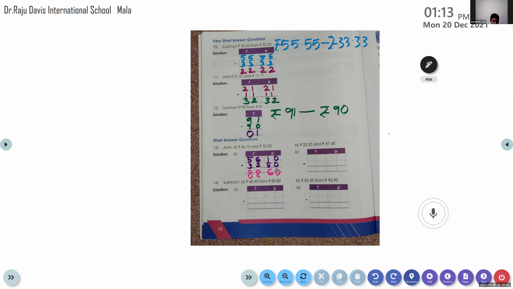Add 56 rupees and 10 paise. I asked 13B, question number 13B. A, B completed. Now you can read question B.